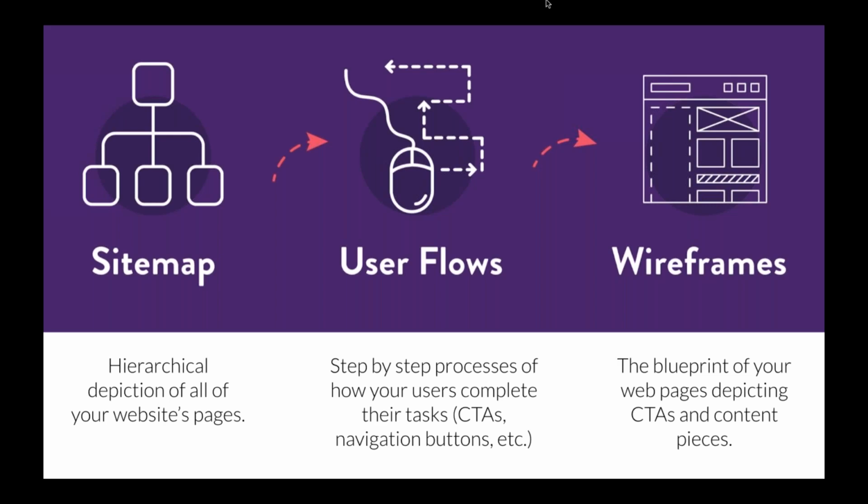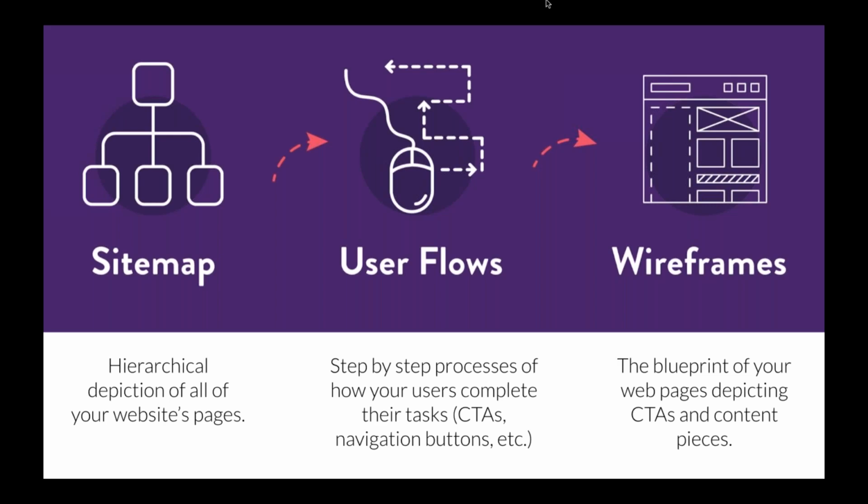And then you're going to create your wireframes. These are essentially the blueprints of your nonprofit's website: which specific components and CTAs are going to go where, where you're going to have hero images, main images, where video is going to go, which CTAs are going to be included, basic things like this.